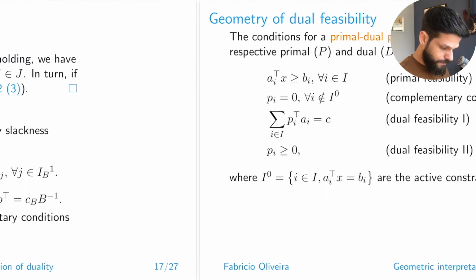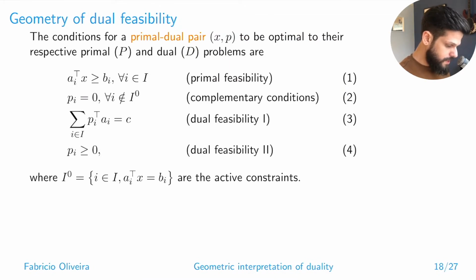All right. So here it is. This notion of looking at the geometry of dual feasibility leads us into the last part we needed to define what we call the optimality conditions for linear programs. There is another way of arriving at these.